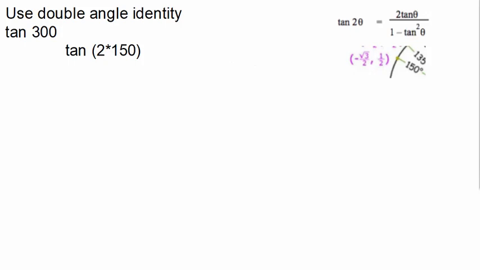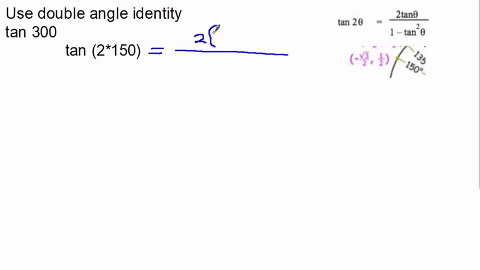So when we set this up, this is going to equal 2 times, I know I've got a fraction. How do we figure out the tangent? Remember, tangent is numerator divided by numerator.